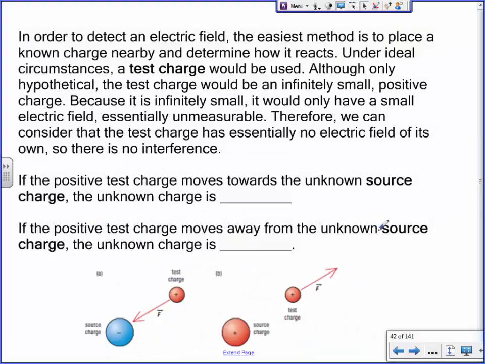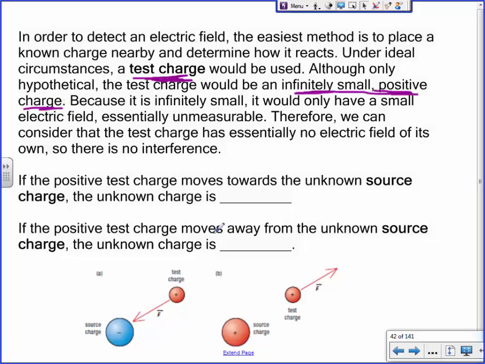Okay, so that's kind of what I have written in this next slide of notes here, if you guys want to kind of read through the words. What we use is called a test charge. Okay? The test charge is basically what would happen to an infinitely small positive charge. And then the field lines basically describe, well, where would you go based on certain locations?